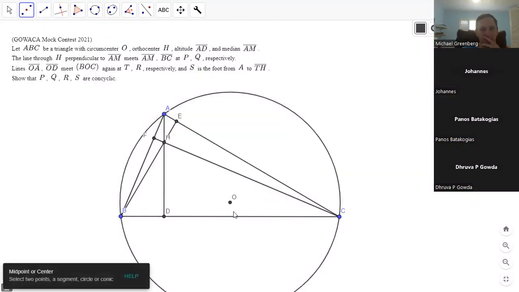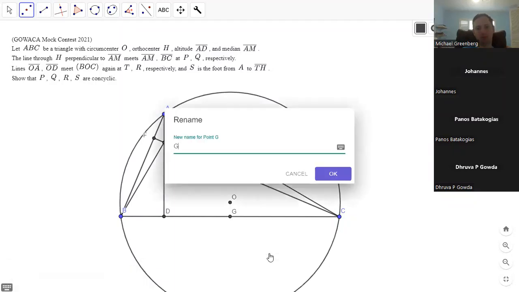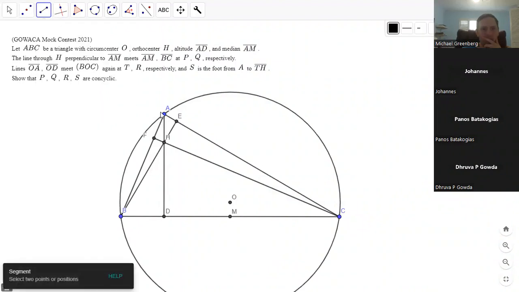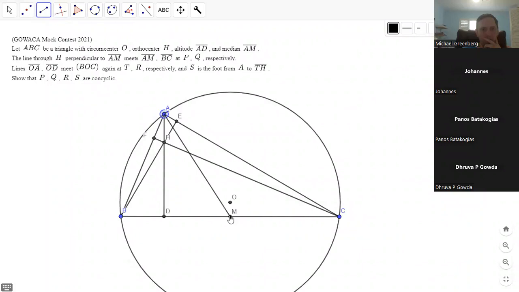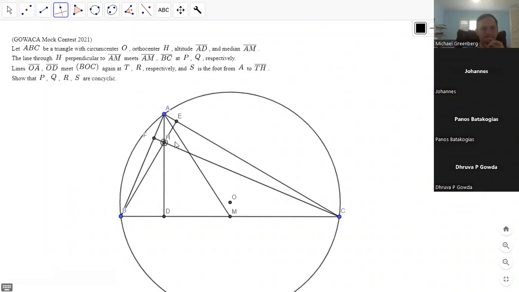AM is the median. So then we draw a line through H perpendicular to AM. We see where it meets AM and BC.